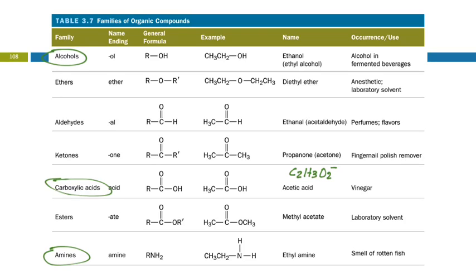So a -1 charge means that it has one hydrogen. So that's how we typically write it, HC2H3O2, because this is the ionizable hydrogen, and it's put together like this. You don't need to be able to draw the structure of that, but this is a carboxylic acid. Many of the weak acids are carboxylic acids. Citric acid that makes lemons sour, it's a carboxylic acid.